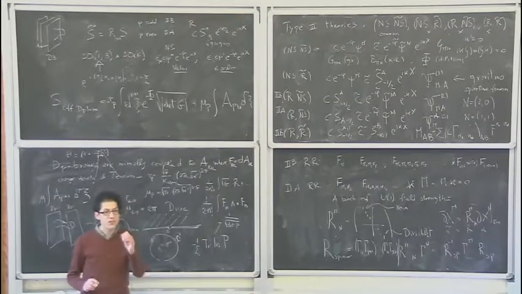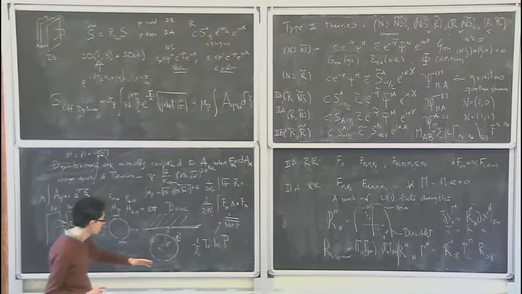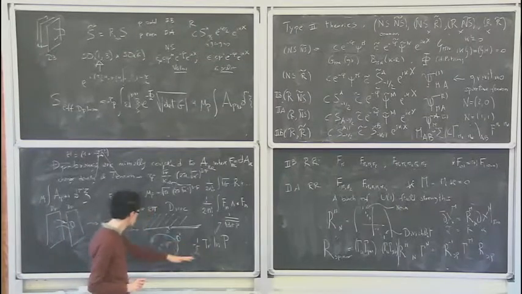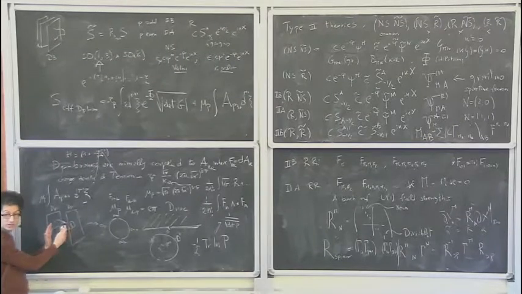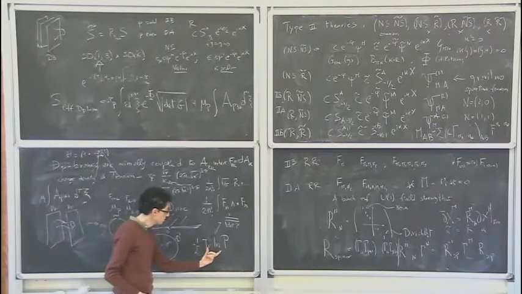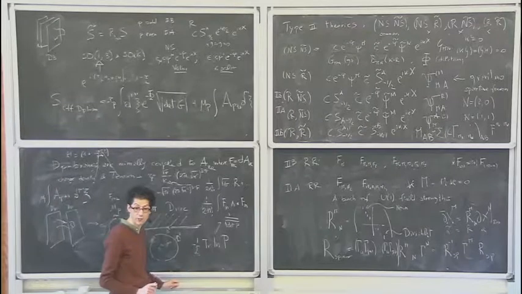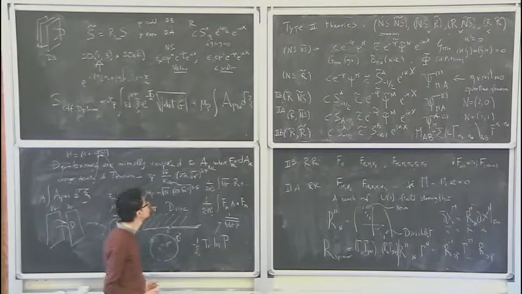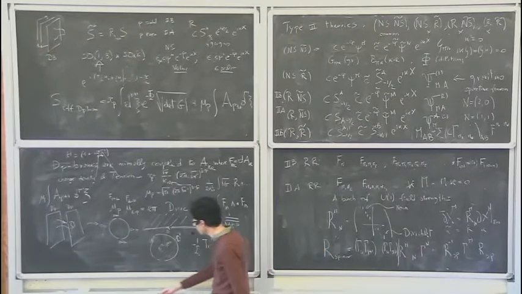So this is the starting point that Polchinski used. He said, okay, this is a potential, something that tells me what the interaction is, and that potential is determined by a formula that I know exactly. I don't have any doubt about this normalization. So this was the starting point.